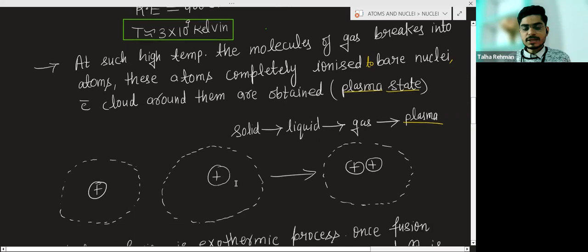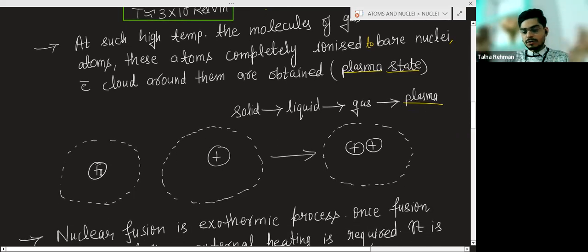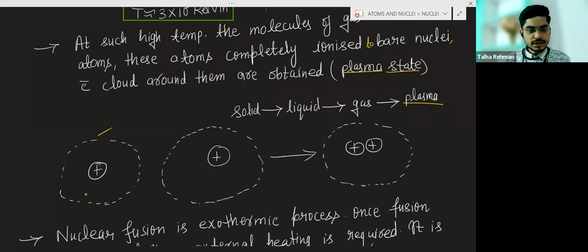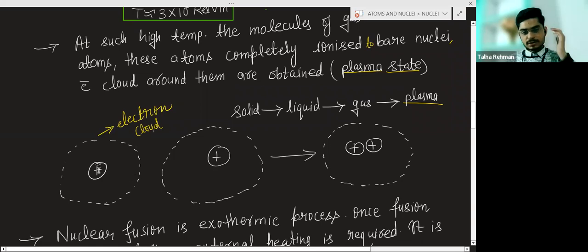And what is the plasma state? There is a nucleus, and around that nucleus there is an electron cloud. This is the electron cloud. So basically, you will get this nucleus and this nucleus. Now, both these nuclei will combine.